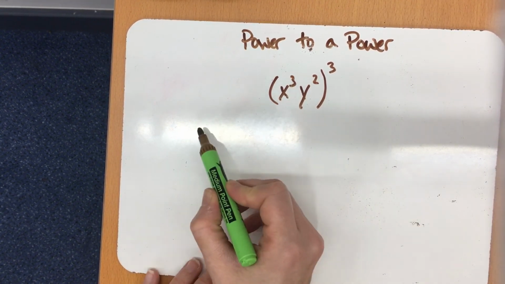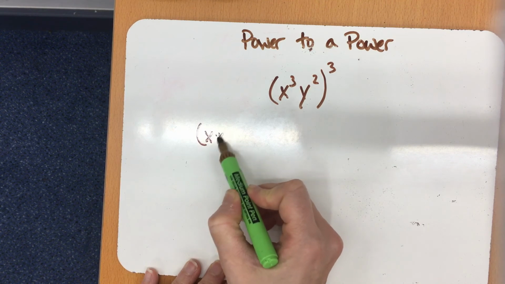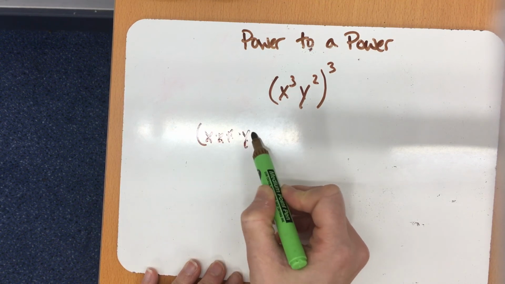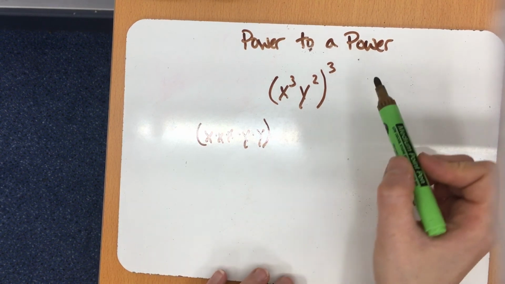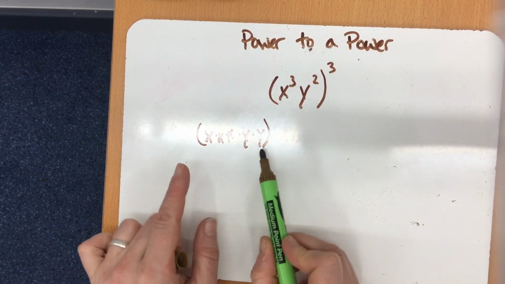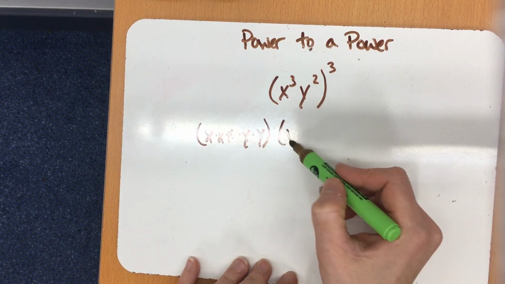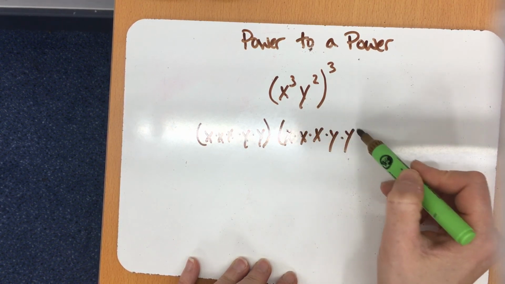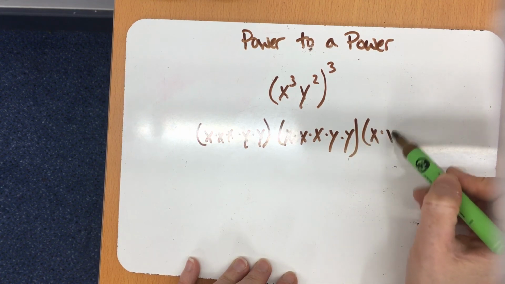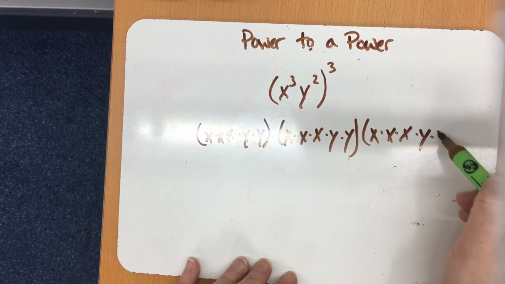What it means is inside parentheses, I have x times x times x times y times y, because that's x to the third, y to the second. And my outside power tells me I need all of this written 3 times. So I have x times x times x times y times y, and then again, and again.